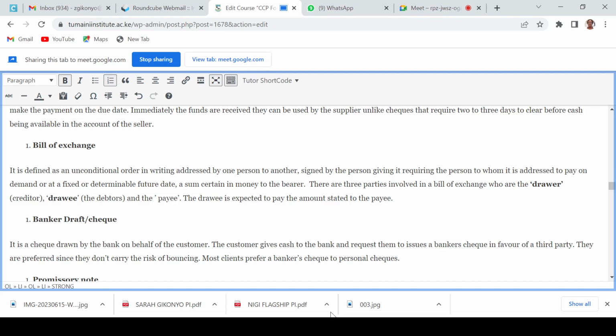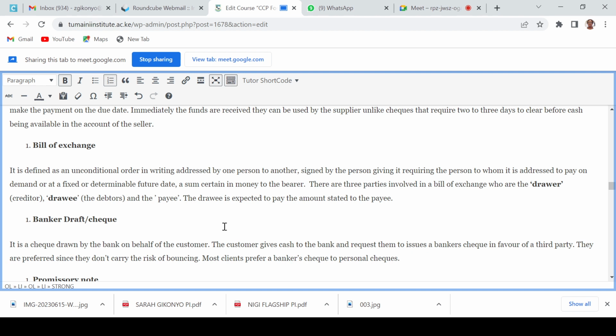So we normally say this as an unconditional order in writing, which is addressed by one person to another, signed by the person giving it, requiring the person to whom it is addressed to pay on demand or at a fixed or determined future date a certain sum of money to the bearer.